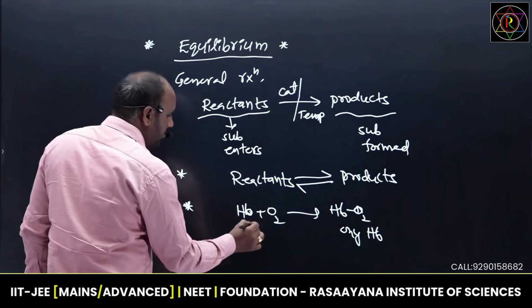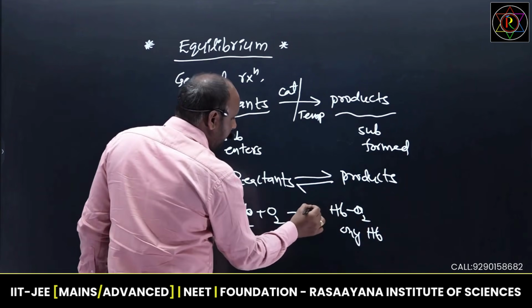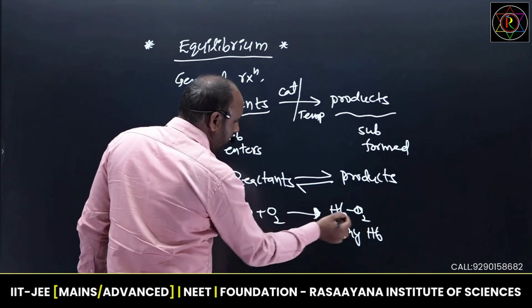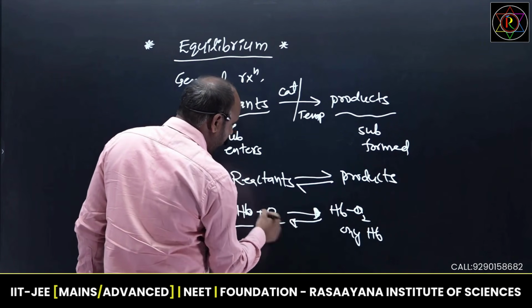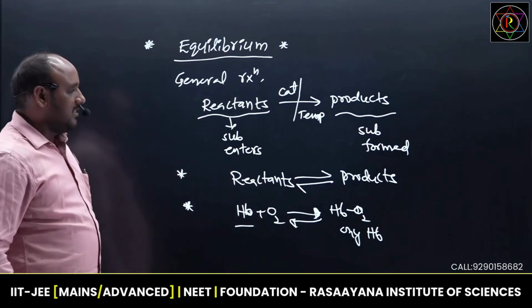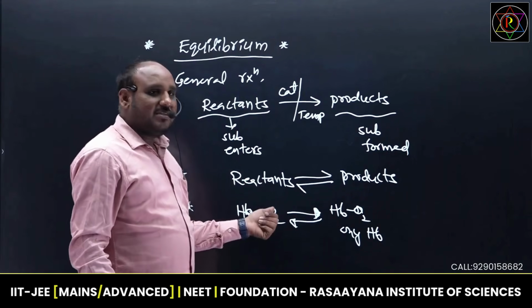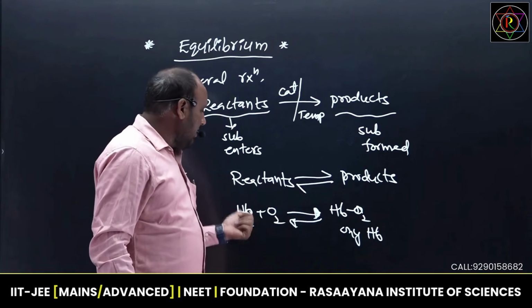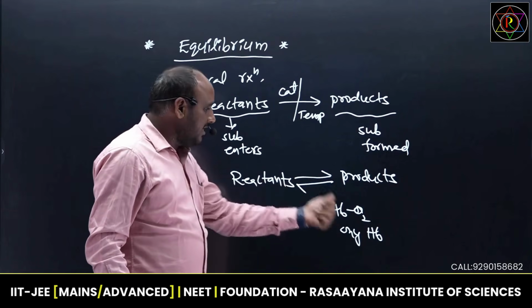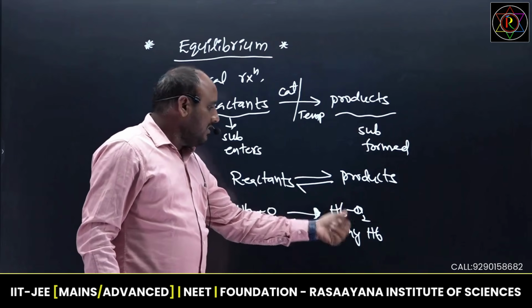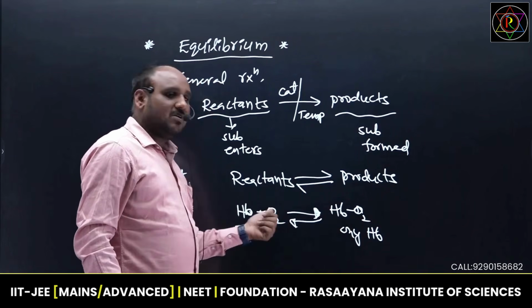This oxyhemoglobin dissociates again into hemoglobin and oxygen, right? So how are we utilizing that oxygen? Initially hemoglobin absorbs oxygen and is converted to oxyhemoglobin. Further, this oxyhemoglobin will release oxygen.